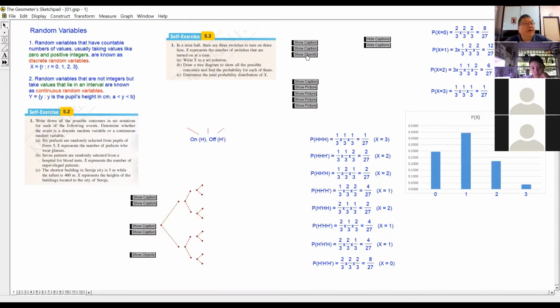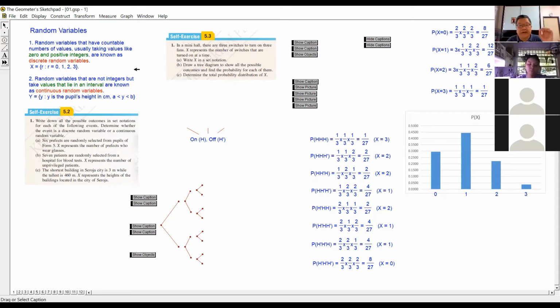Okay, so let me read here. Random variables that have countable numbers of values, usually taking values like 0 and positive integers, are known as discrete random variable. So a discrete random variable is represented by the capital letter X. This capital X represents numbers R, such that R equals 0, 1, 2, 3, and so on.